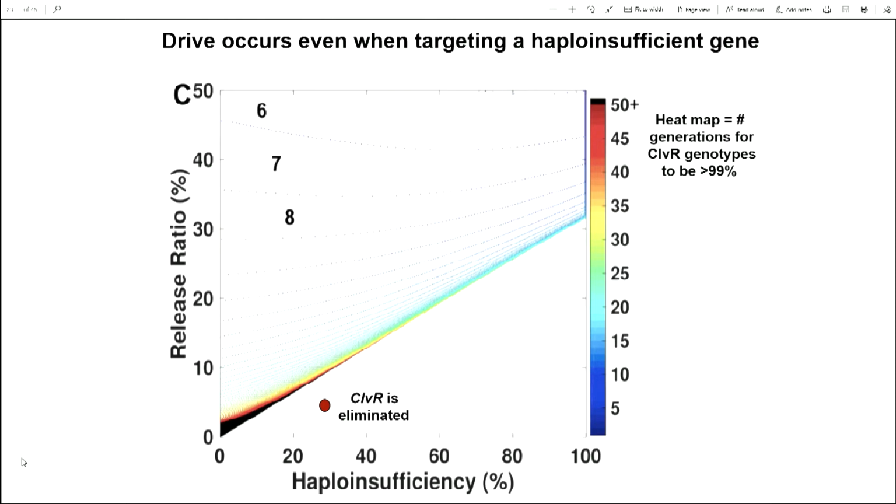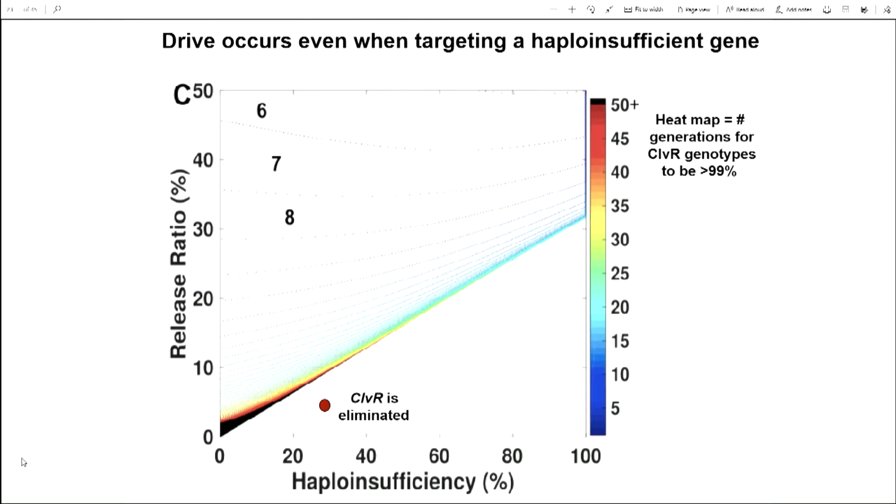What it does is it shifts the curve so that you need to work harder in order to get an initial introduction frequency that crosses this threshold needed for drive. But once you do that, it can go quite quickly in this region here, less than 20 generations.